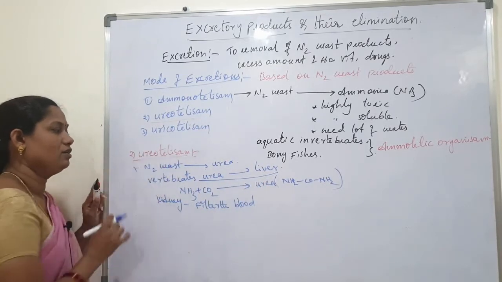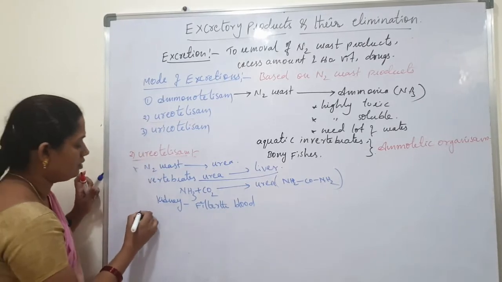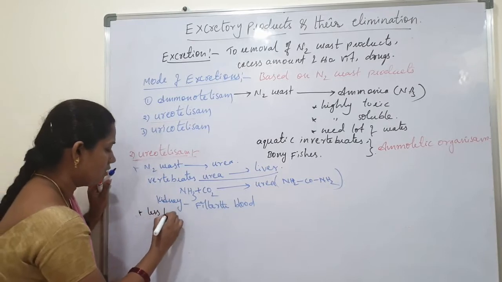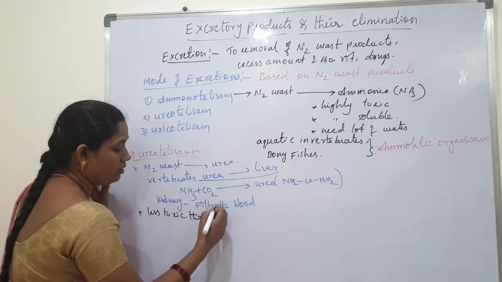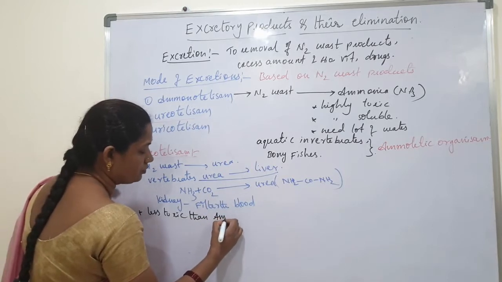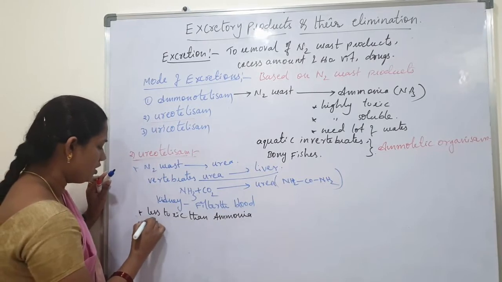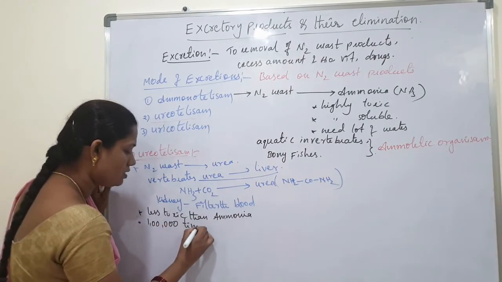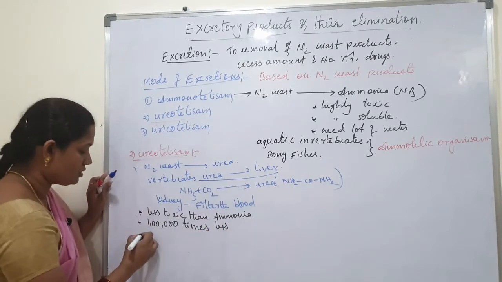In ureotelism, the urea is less toxic than ammonia. It is nearly one lakh times less toxic.